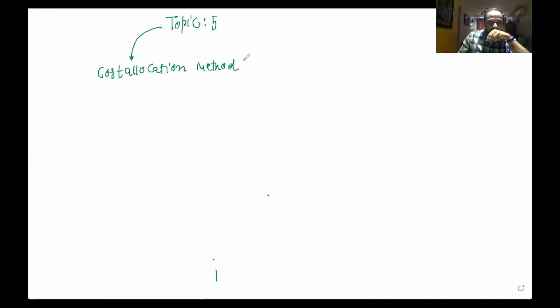And in this cost allocation method, we finished absorption costing. Absorption costing. So let's have a look at the homework.